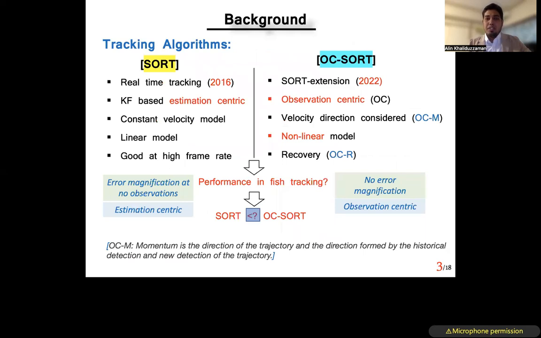Now let's discuss what is the difference between SORT and OC-SORT. Technically, we know SORT is basically estimation-centric based on the Kalman filter, and on the other hand, OC-SORT is observation-centric. That means it is based on the location of the object.